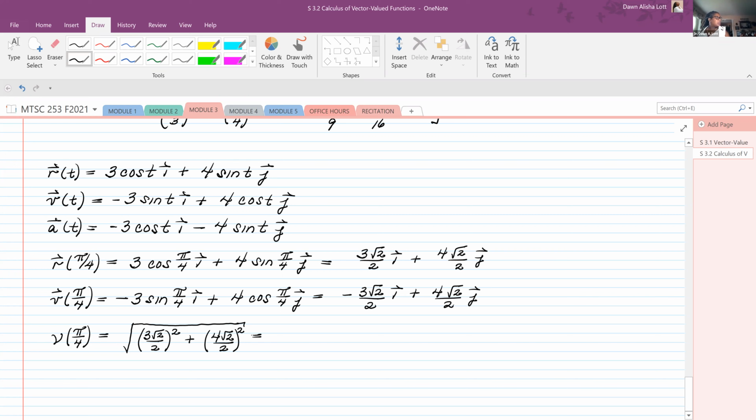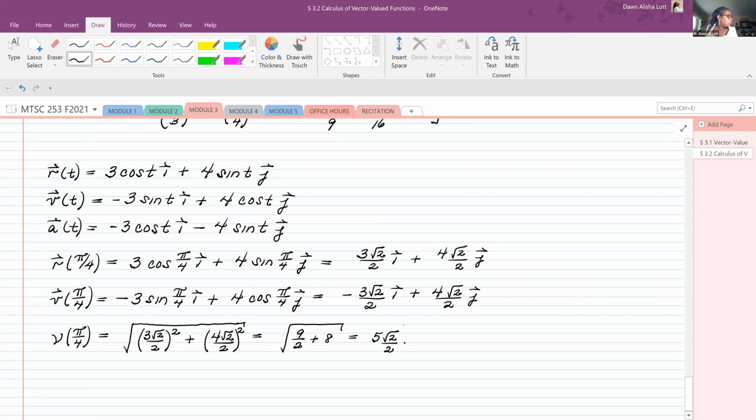So that actually becomes the square root of 9/2 plus 8. And that is 5 root 2 over 2.